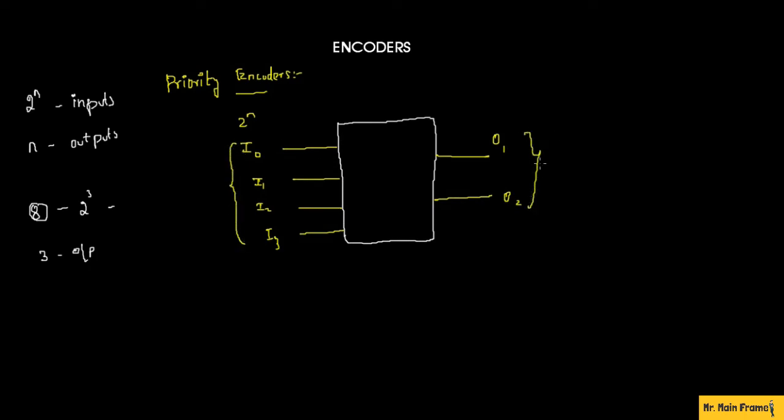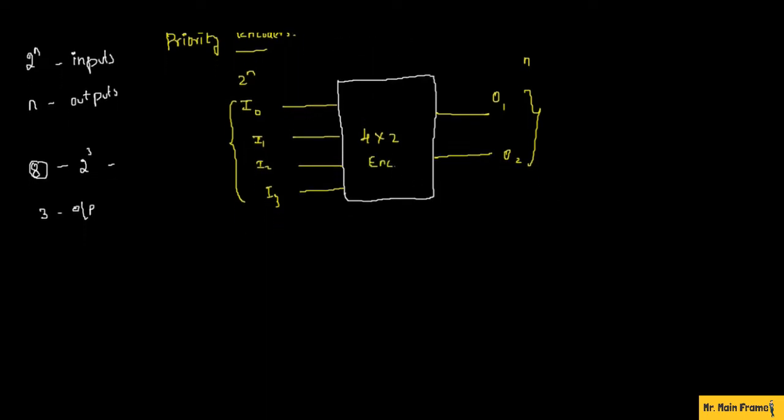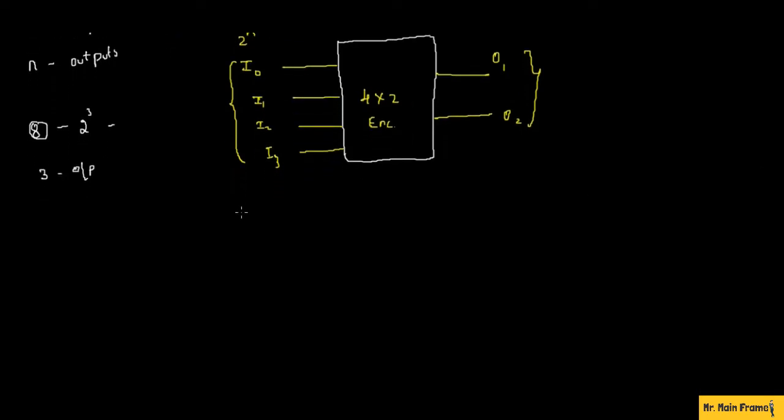So these are 2 power n inputs and these are n outputs, right? And you call it a 4 cross 2 encoder. Now how does this work? We'll just write the truth table for this.